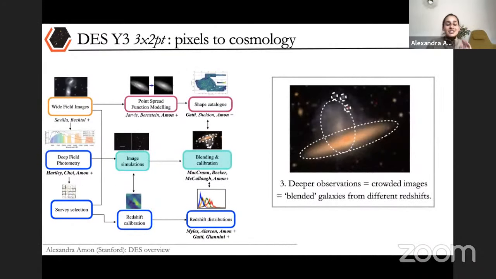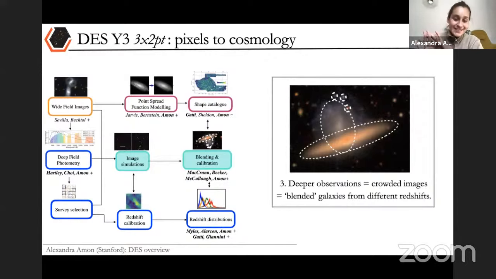Now, the third challenge is that once you have your shapes and you have your redshifts, you still have to calibrate these to account for effects like blending. With our surveys now, this is what a lot of observational lensing people are worried about as we push to deeper images and deeper data. So this will be overwhelmingly true for Rubin.